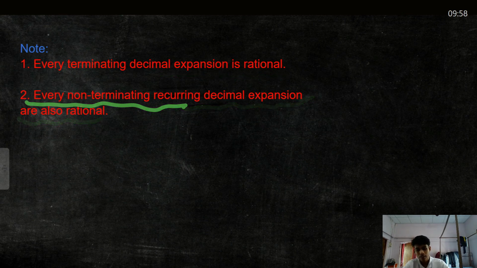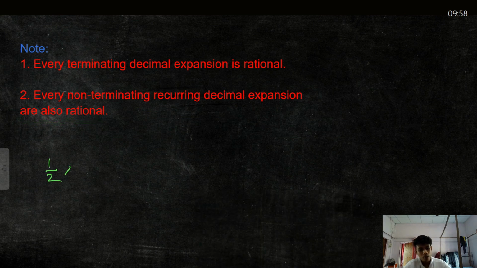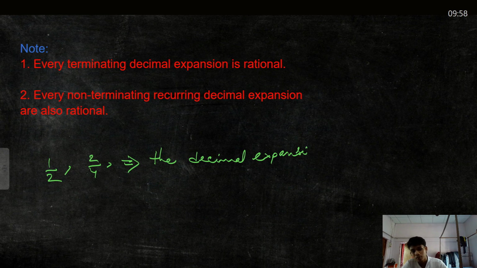That means if the decimal expansion is of the type 1 by 2, then again 2 by 4, something like this, that means the decimal expansions are terminating, then they are rational.